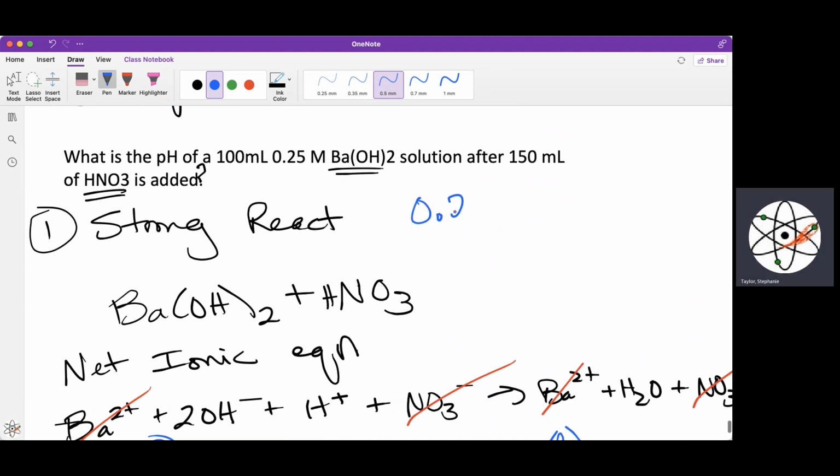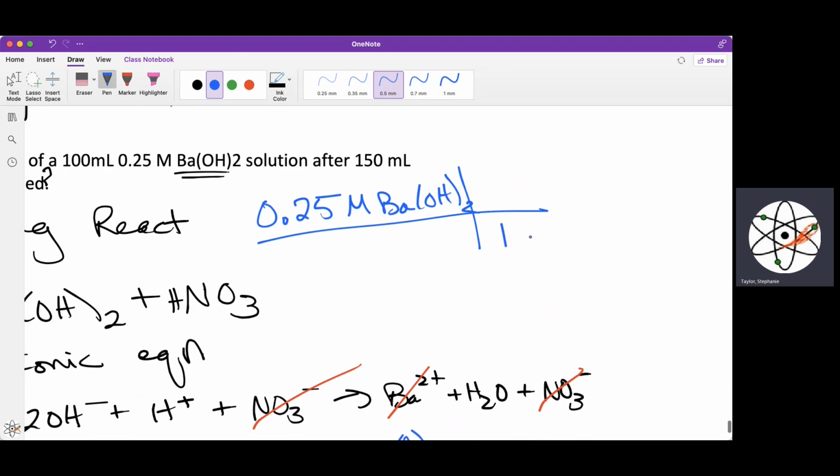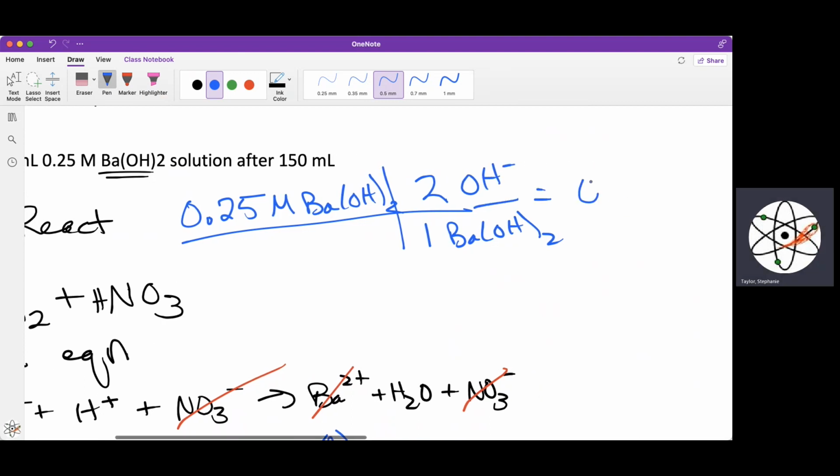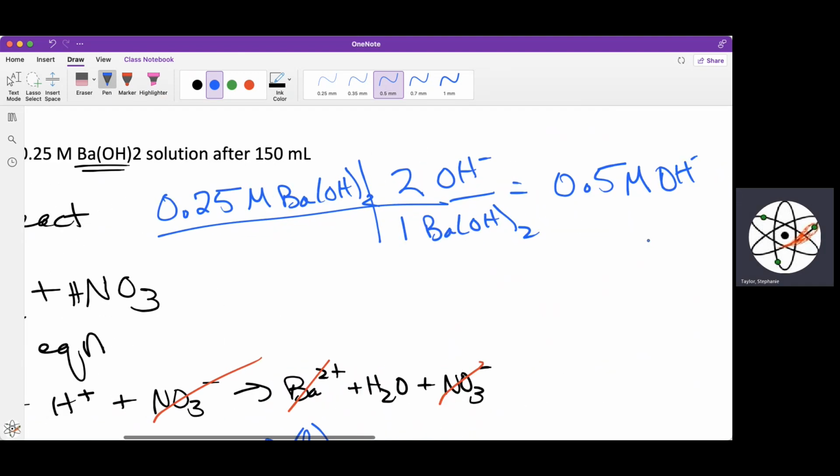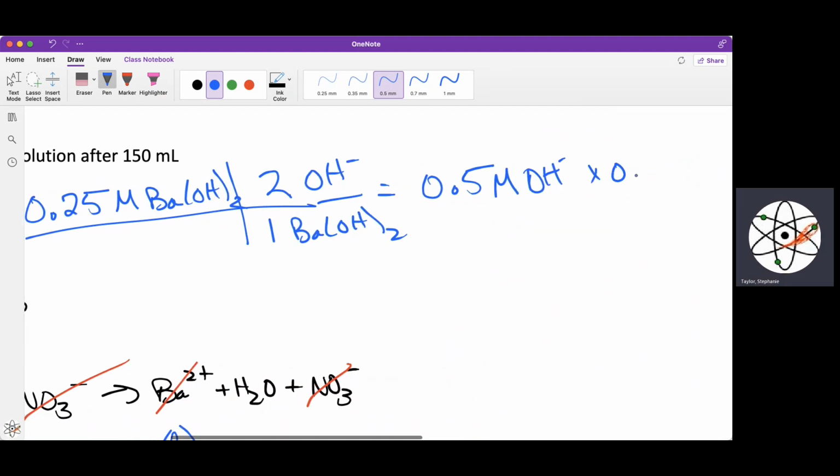What I do need to keep in mind is that this 0.25 molar of barium hydroxide means that for every 1 barium hydroxide, I actually have 2 hydroxides. So I actually have 0.5 molar hydroxide in that solution. So then when it comes time to multiply times my volume, I have 0.05 moles hydroxide because I have 2 hydroxides for every 1 barium hydroxide.